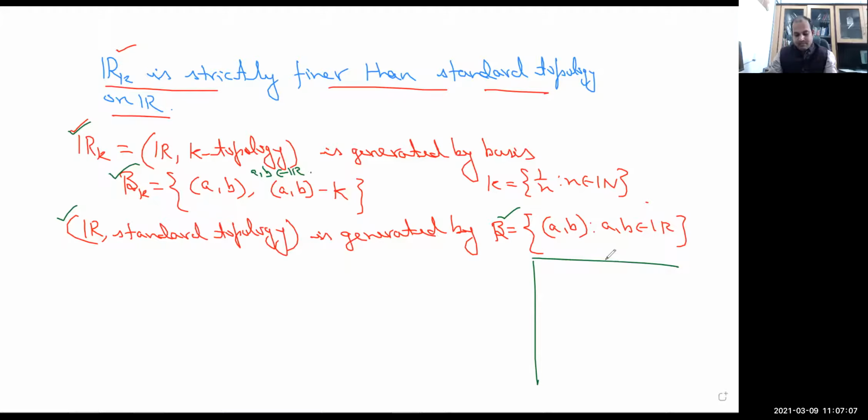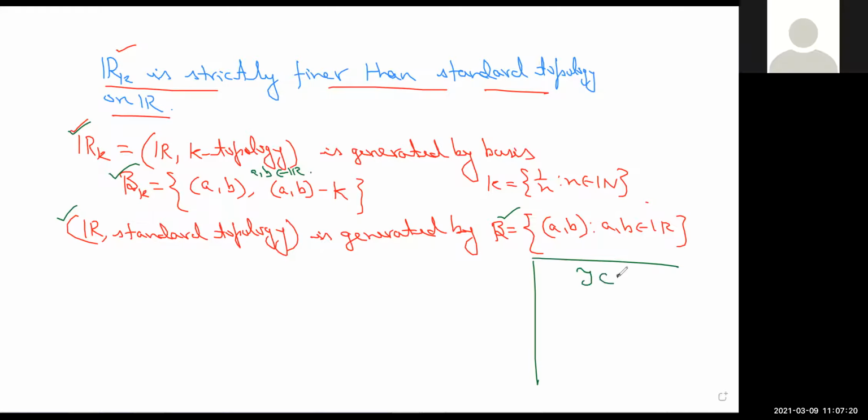How to show that T dash is strictly finer than T? Suppose for topologies, their bases are given, how will we show it?